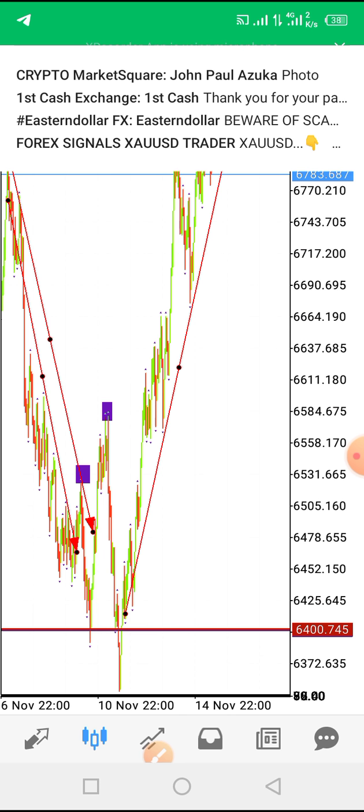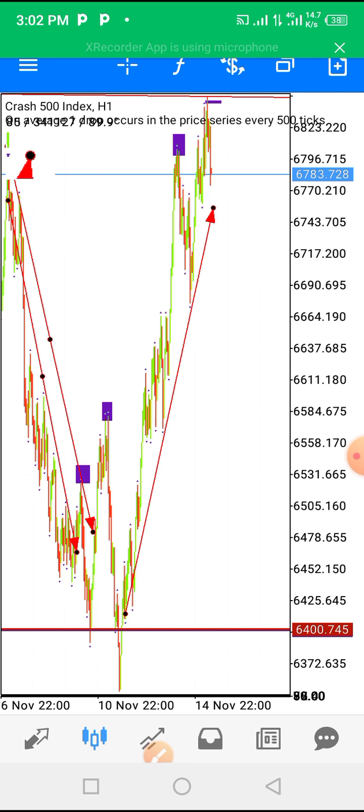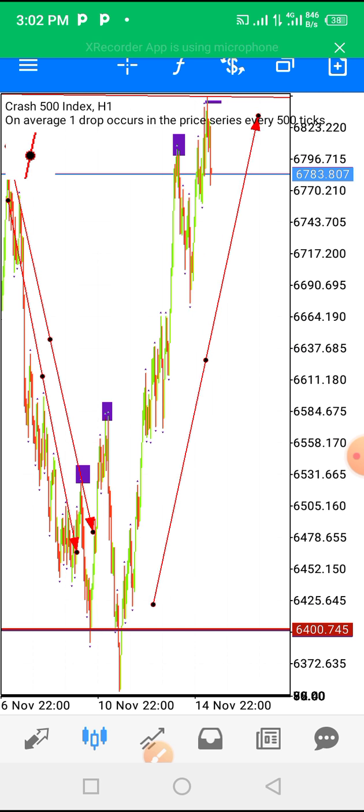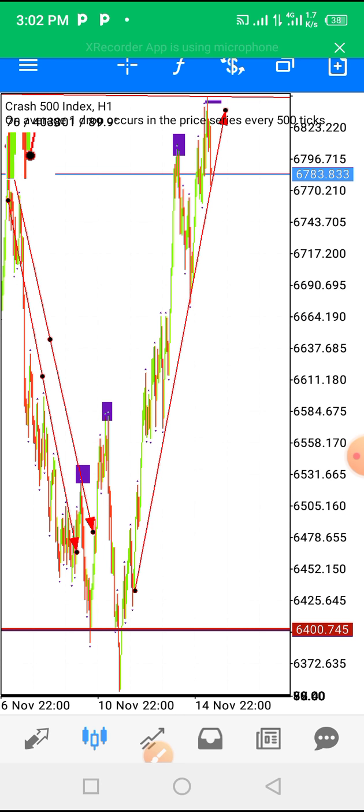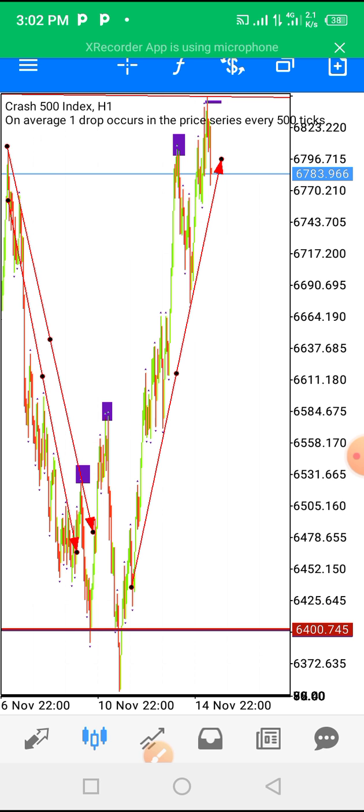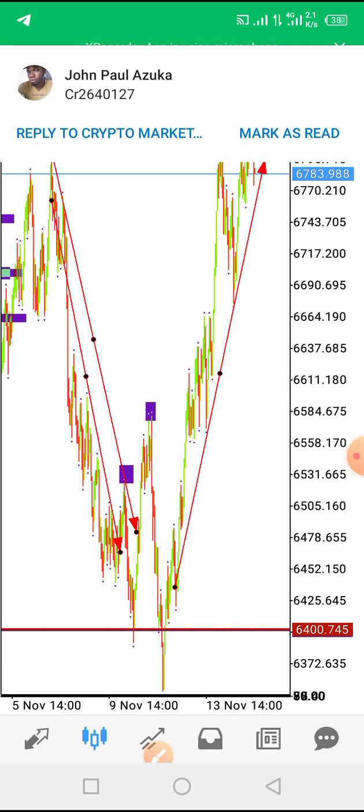So, as it is moving uptrend, our expectation or our concern should be more of buying than selling, because when the market is in an uptrend mood, the buyers have more capacity in the market than the sellers. Do you understand? And that is when we say the market is in an uptrend move.